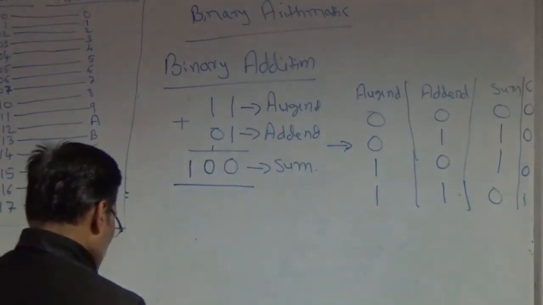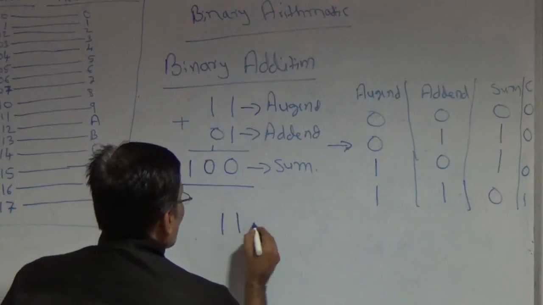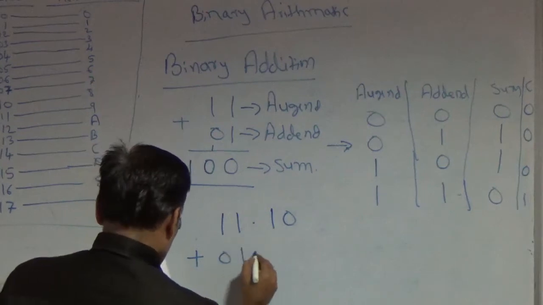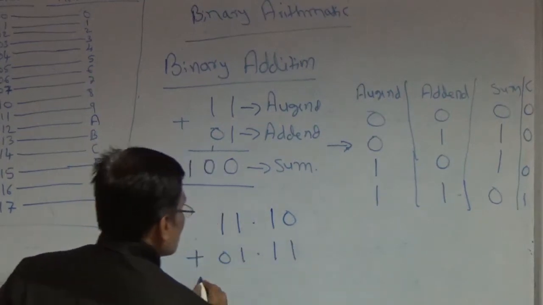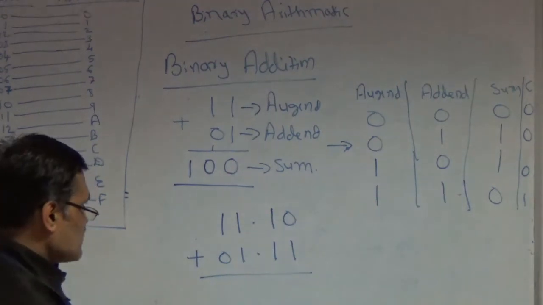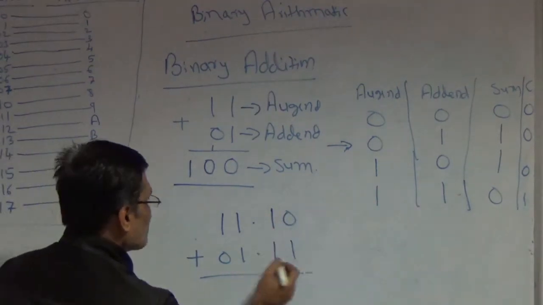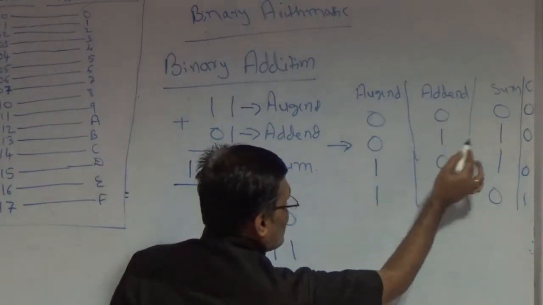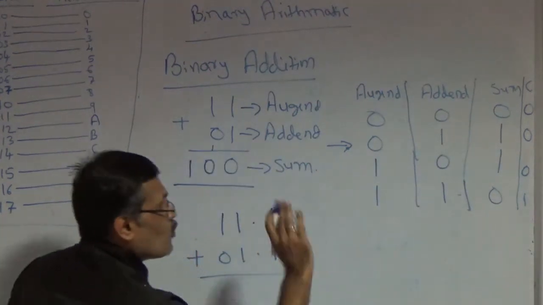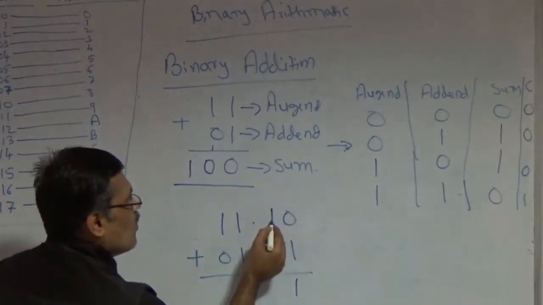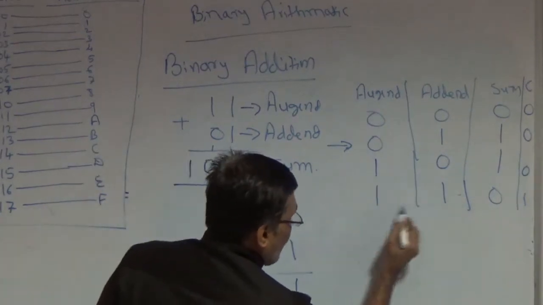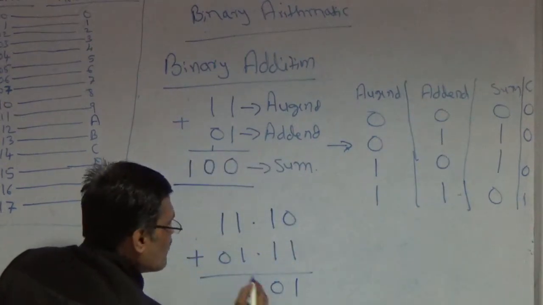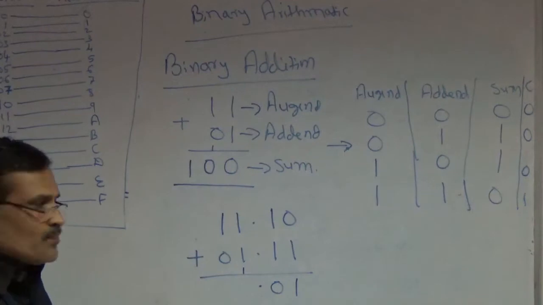Consider one more: 11.10 plus 01.11. Two numbers have been given, with both fractional and integer parts. Let us do the addition of these two numbers. 0 plus 1 is 1 only, no carry is generated, carry is 0. Then 1 and 1: both augend and addend are 1, so the sum is 0 and carry is 1, which is carried to the next digit.